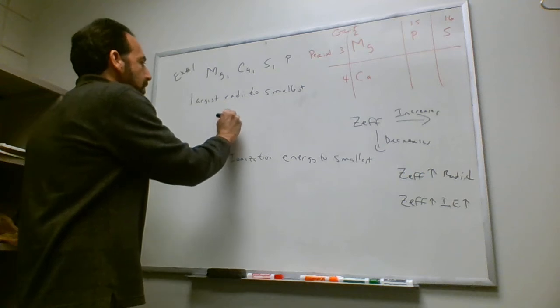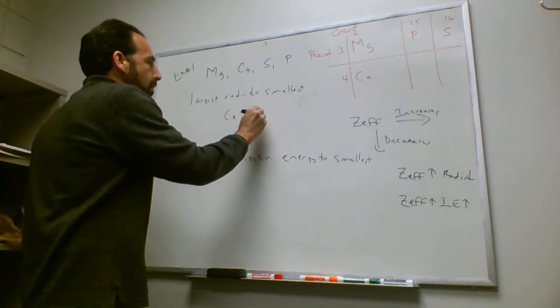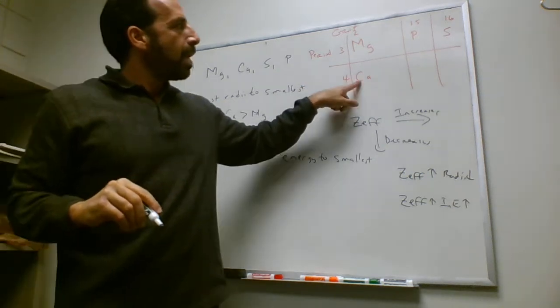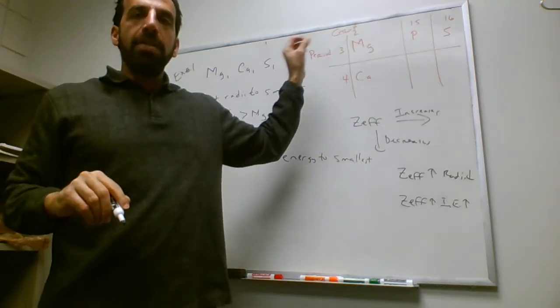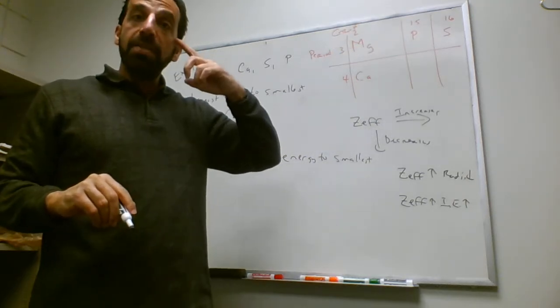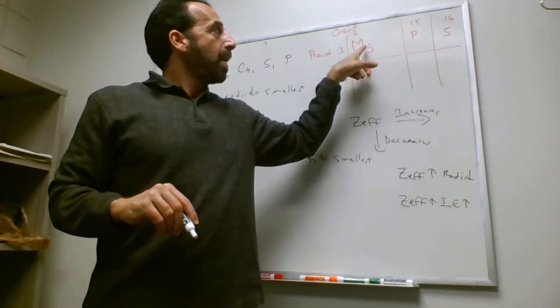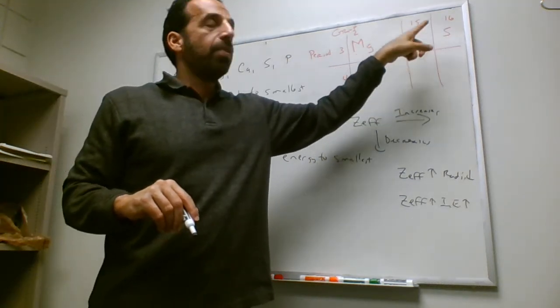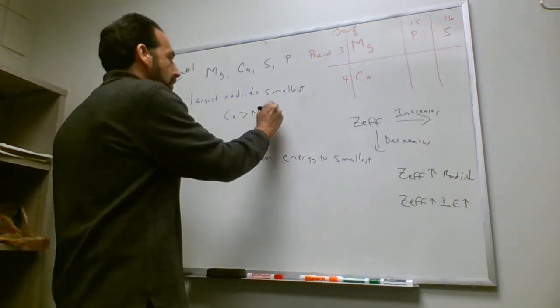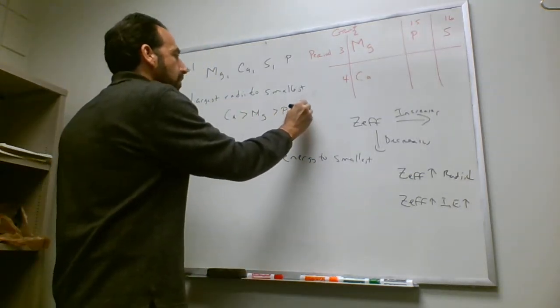So calcium is greater than magnesium. Now, as I go across a period, Z effective increases, which means my atomic radii is going to decrease. So magnesium is greater than phosphorus, and then greater than sulfur.